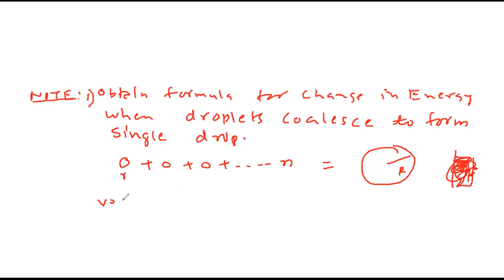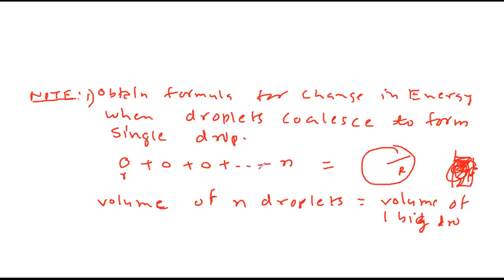So volume of liquid is constant, and if solid then we can take area is also constant. Here volume of n droplets should be volume of one big drop.